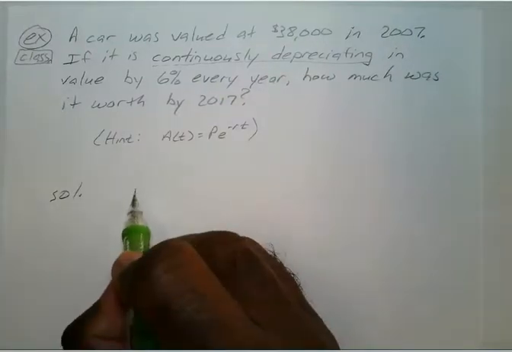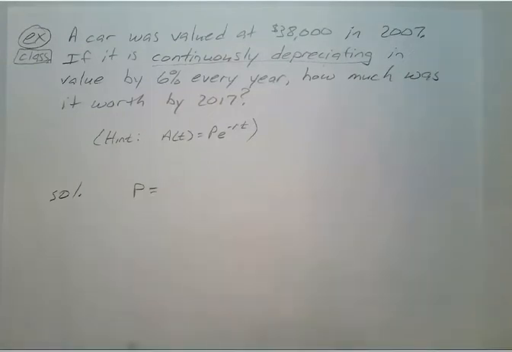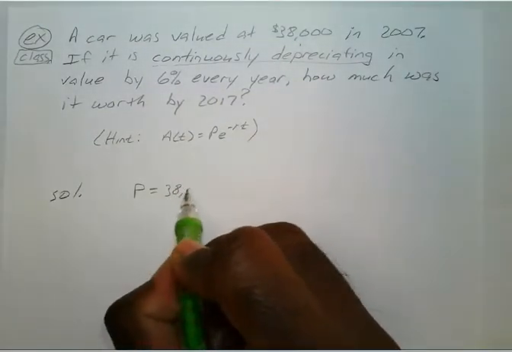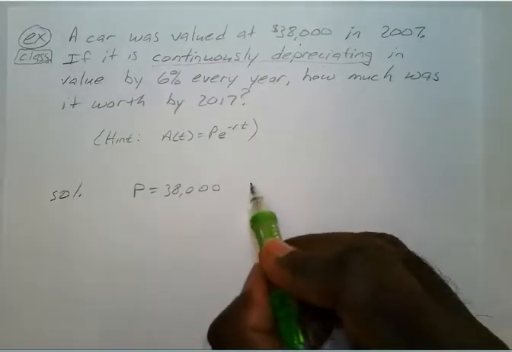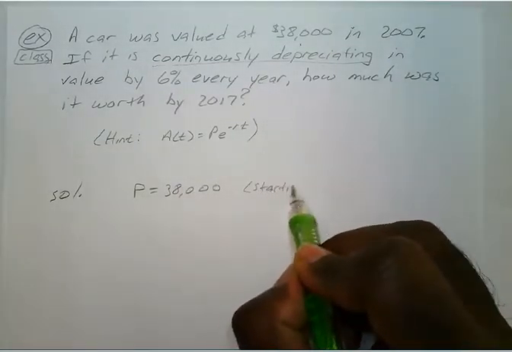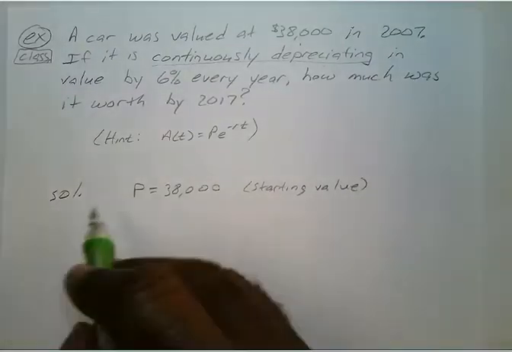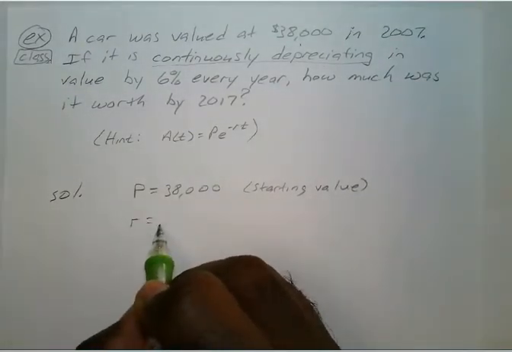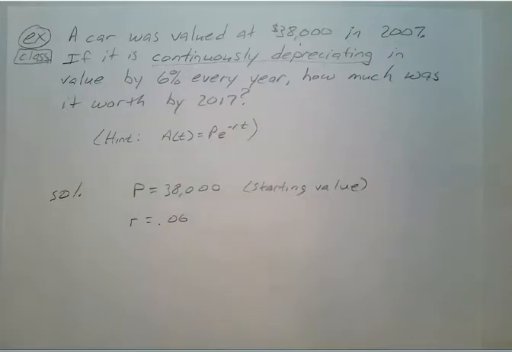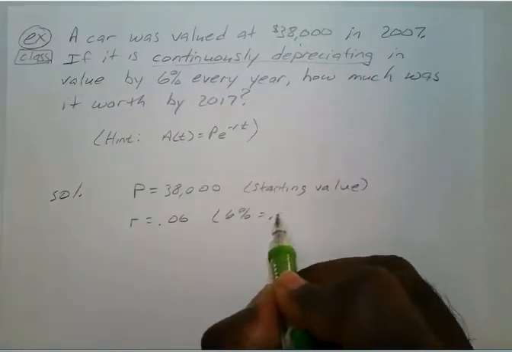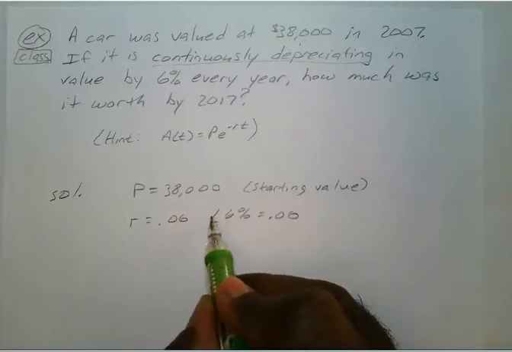Okay, so we know that our principal, our starting value, is 38,000. Our interest rate is 0.06, because remember that 6% is 0.06, you just move your decimal twice to the left.